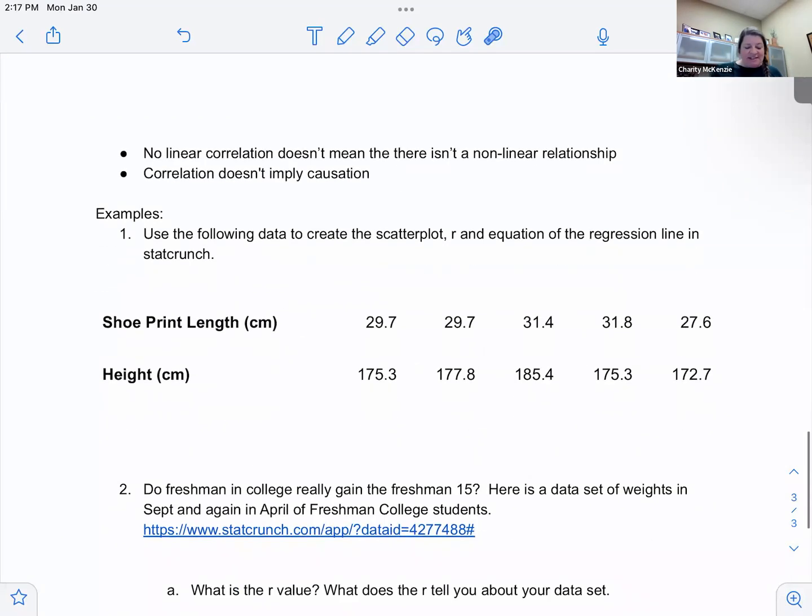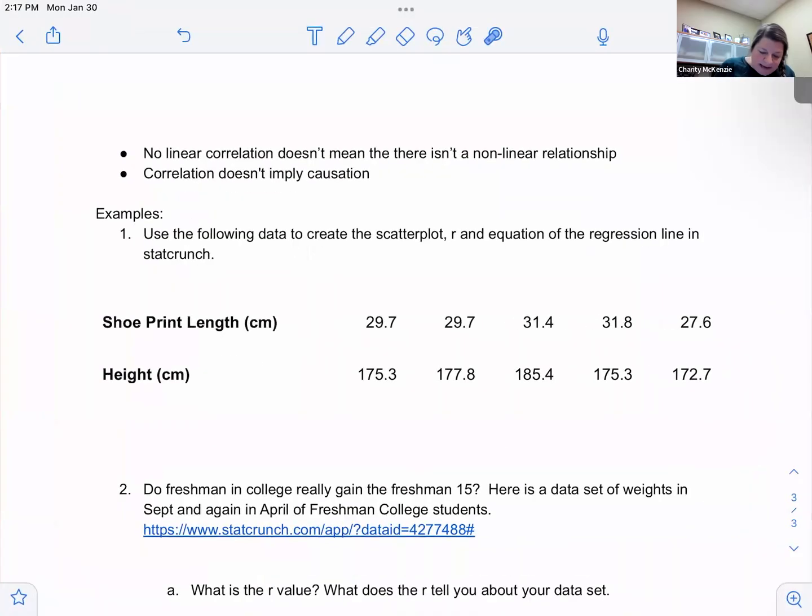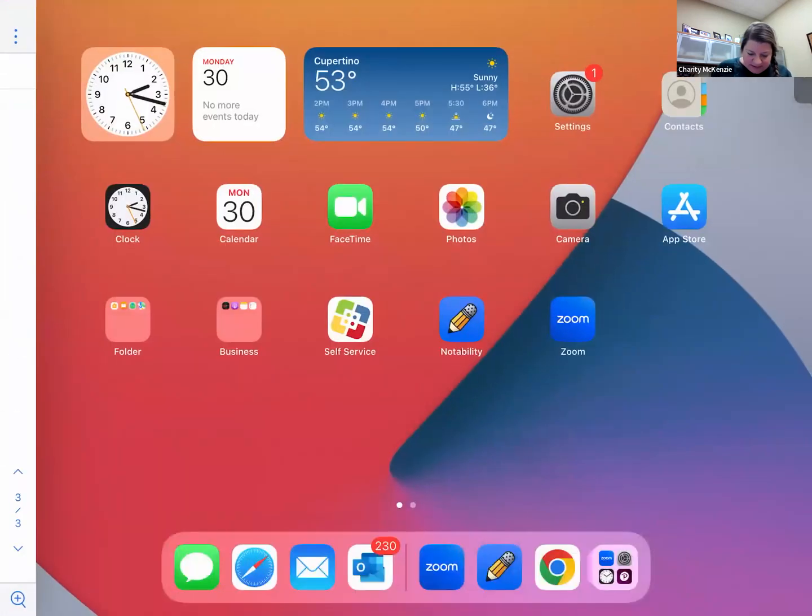All right, so this first example I have only has 5 data points, so it's super easy for us to type in. So give me just a sec.